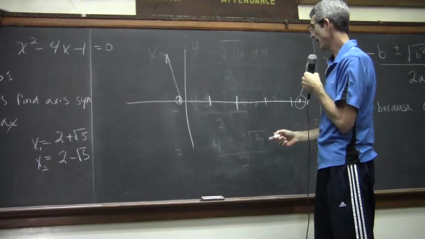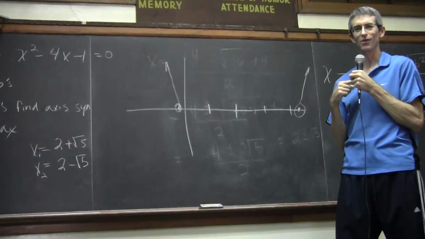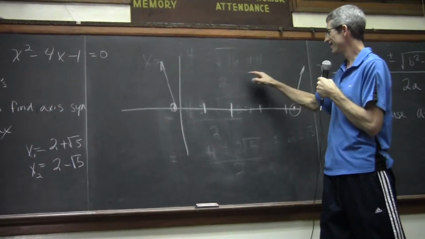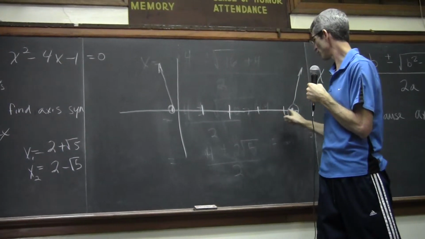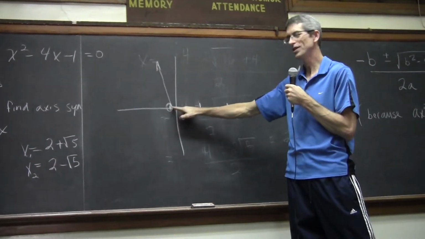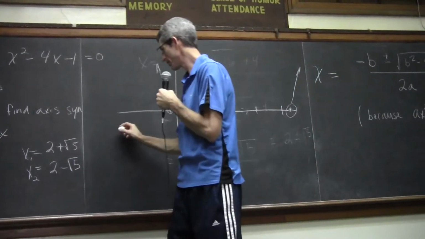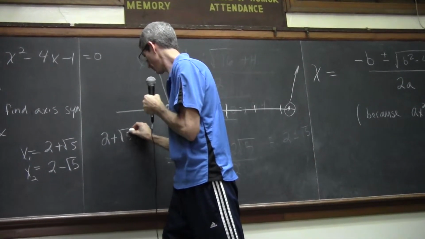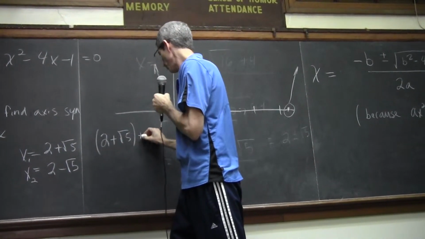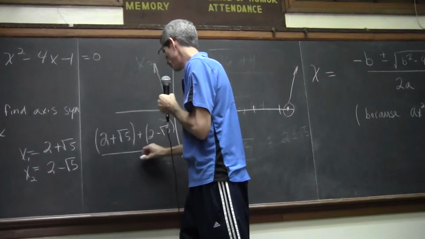So how can I find the axis of symmetry? Well, if you think about it, the axis of symmetry is your middle point, that line. So you could find the midpoint between these two. And if you remember your formula for midpoint, it's 2 plus the square root of 5 plus 2 minus the square root of 5, divided by 2.